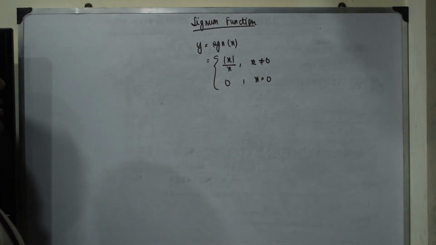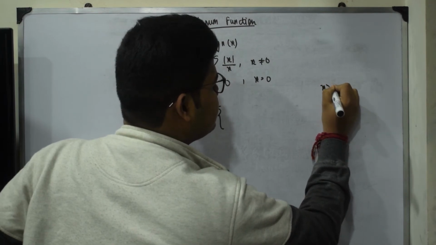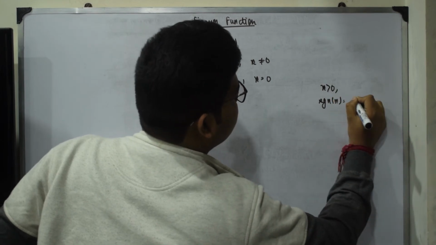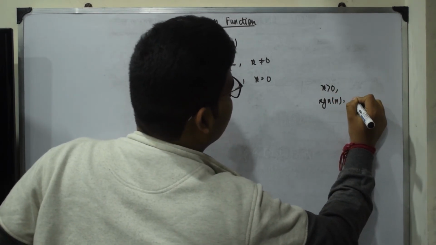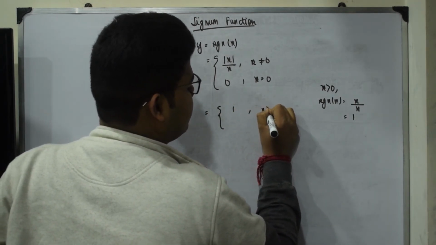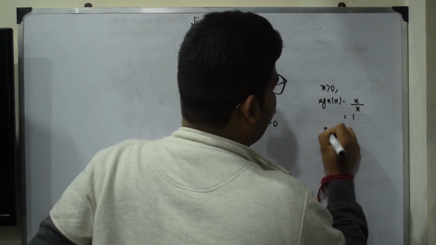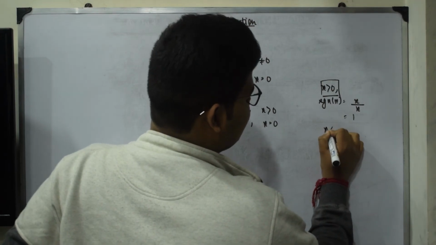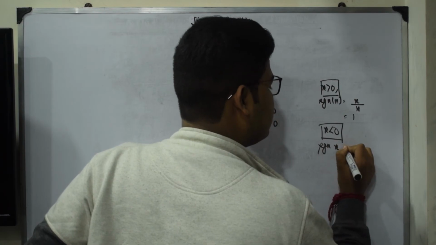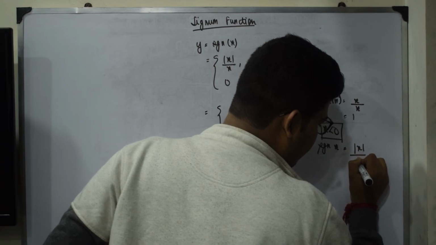From this also you can just see. If x is greater than 0, then signum x will be x upon x, because mod x will give us x, so this will be 1. So 1 for x greater than 0, for x equals 0 we have already seen it to be 0, and for x less than 0, signum x is mod of x by x.